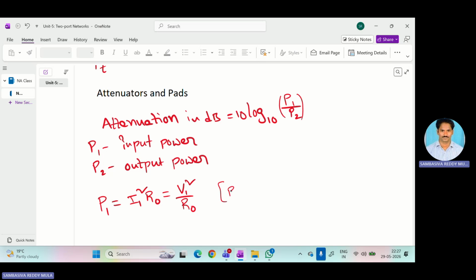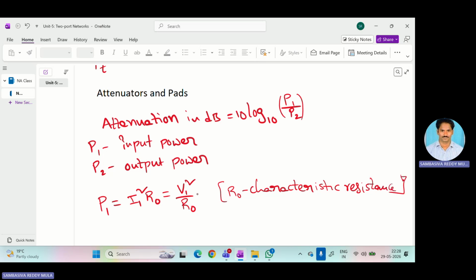No. Here R0 is the characteristic resistance. Generally, we measure characteristic resistance when it is a properly terminated or properly matched network. It is not the output resistance.